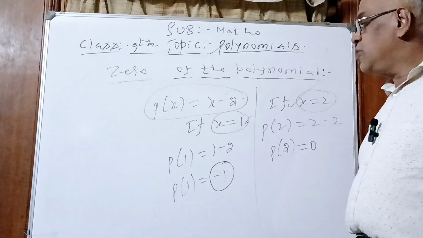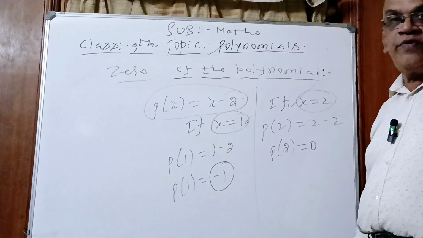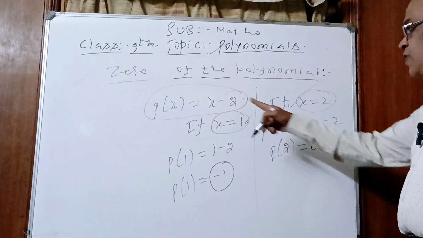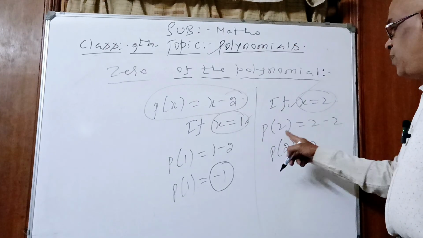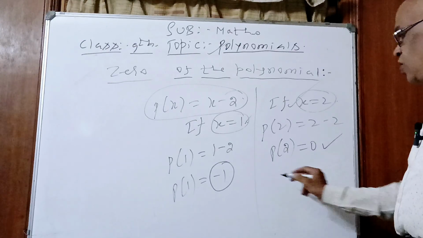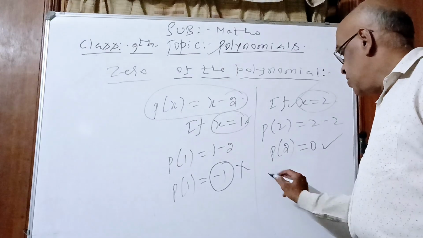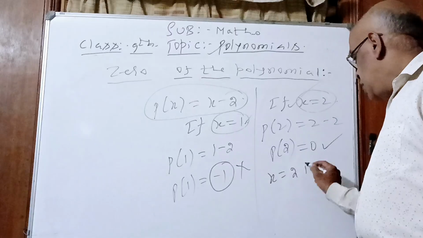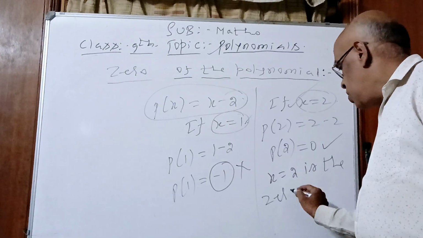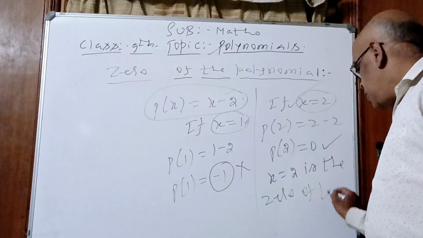Therefore, x is equal to 1 is not the zero of the polynomial. Here on substituting x is equal to 2 in P of x is x minus 2, P of 2 is what, children? 2 minus 2 is 0. P of 2 is 0. Therefore, x is equal to 2 is the zero of the polynomial.